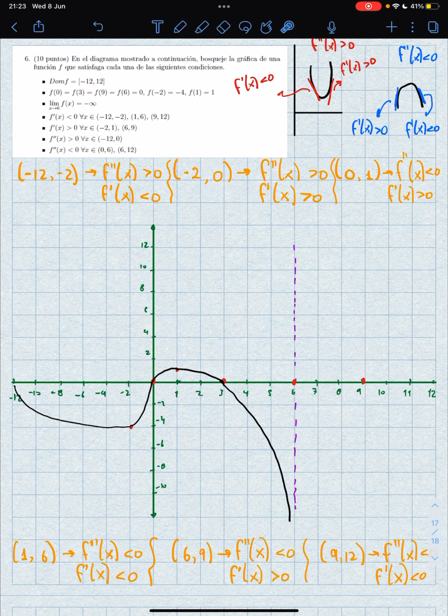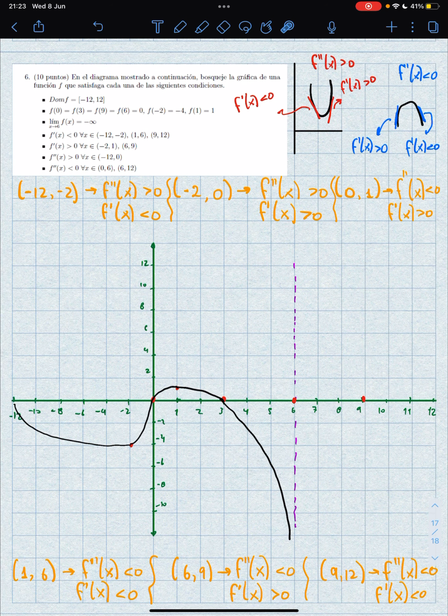Let me see. Okay, from 6 to 9, where am I? Here. So from 6 to 9, the second derivative is gonna be less than 0. I'm here. And the first derivative is gonna be over here. So I'm gonna have this type of graph, right?